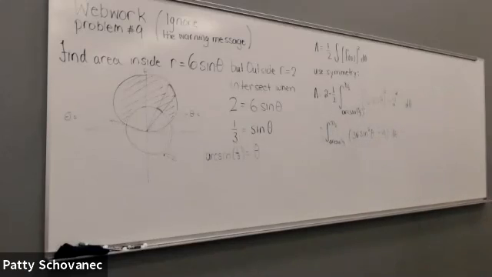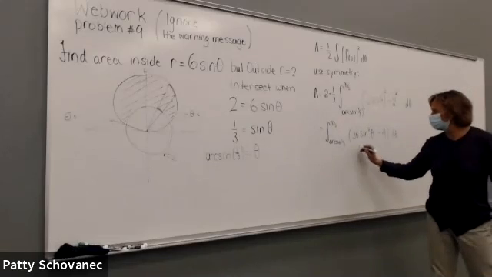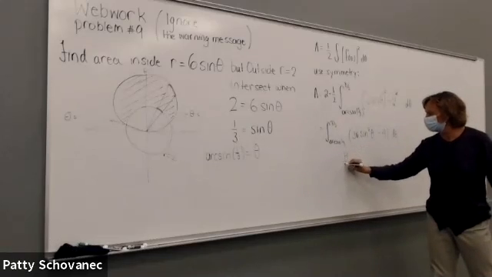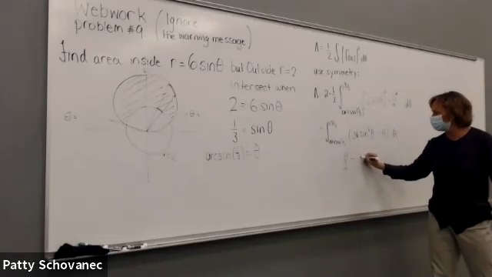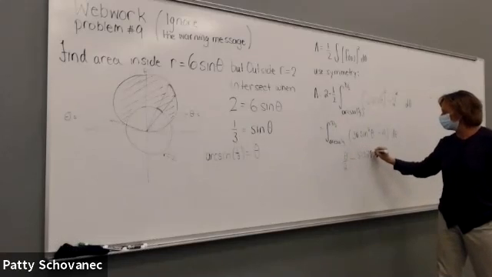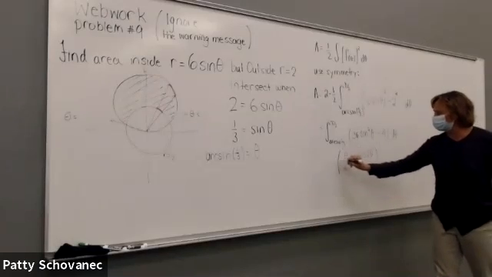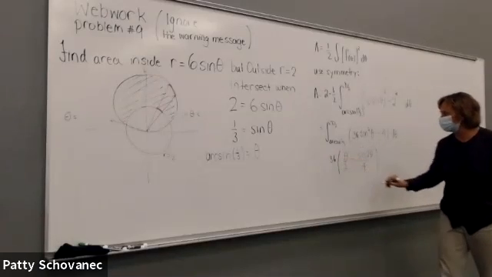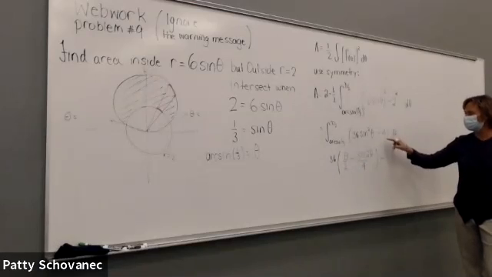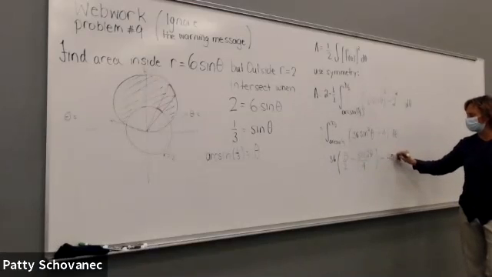Then we integrate term by term, and we have a formula for the integral of sine squared. So here's your pop quiz. What's the integral of sine squared? Good. That's going to be multiplied by 36. Then I'm going to integrate the 4 and get 4 theta.